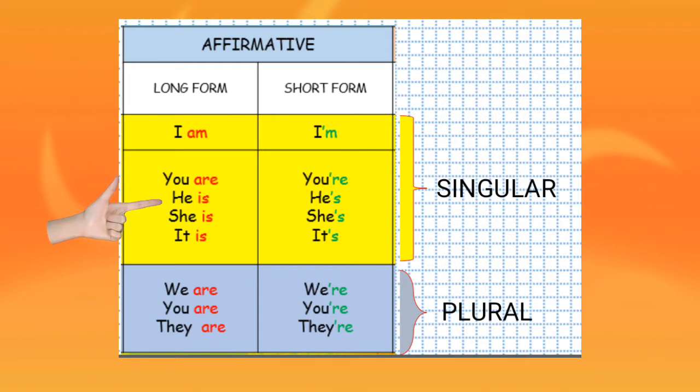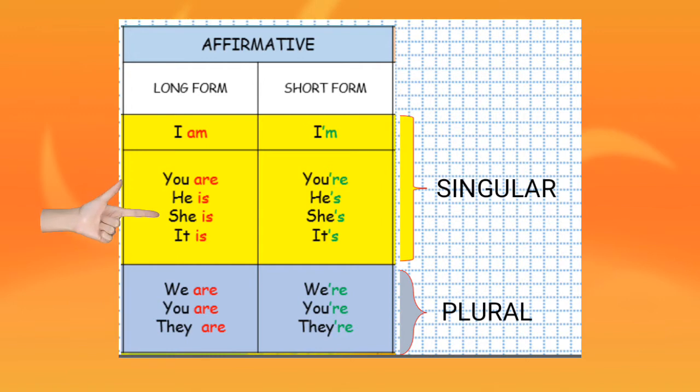Next, is. You use the verb to be is with the words he, she, it. For example, he is. Short form, he's, H-E apostrophe S. He's. Next, she is.